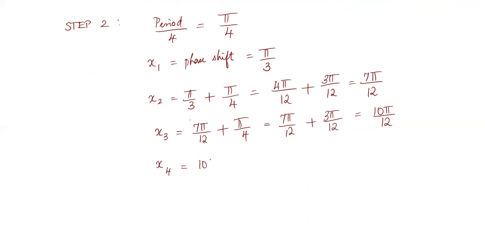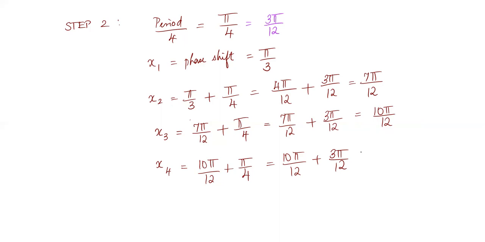X4 is 10 pi over 12 plus pi over 4, 10 pi over 12 plus 3 pi over 12. In fact, if you wanted to, you could convert the period over 4 itself as 3 pi over 12, because you see that you're going to need that in every step.